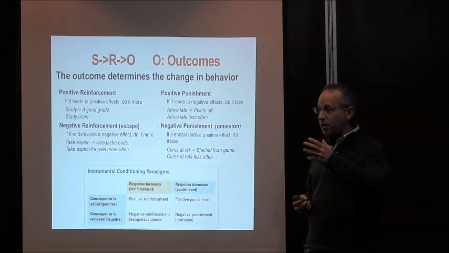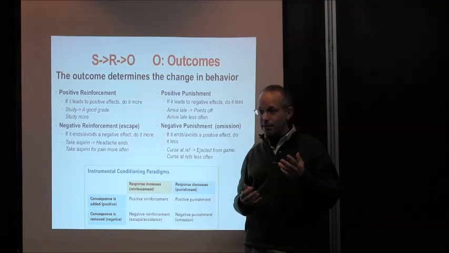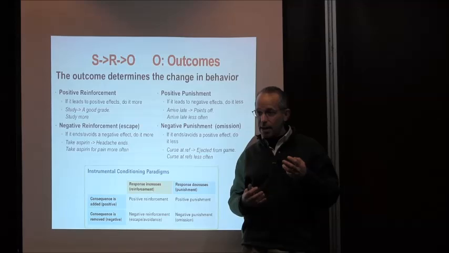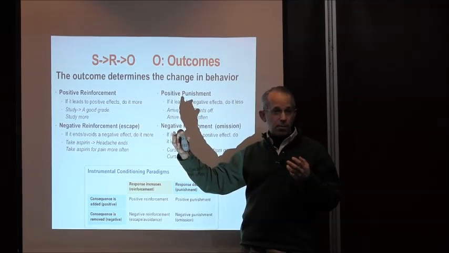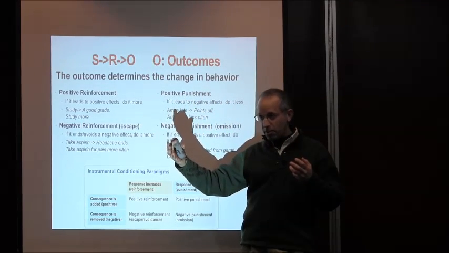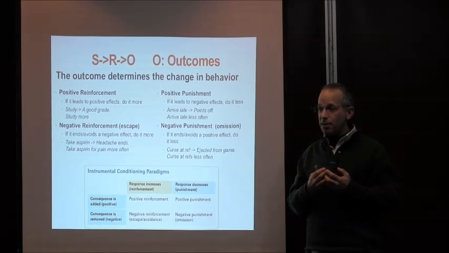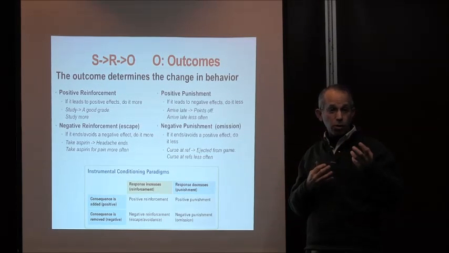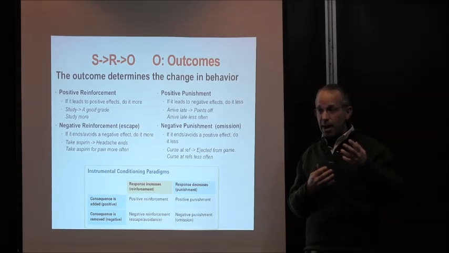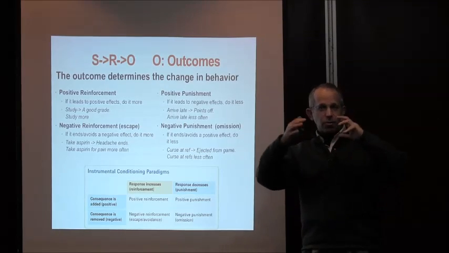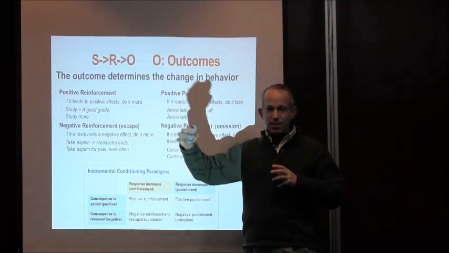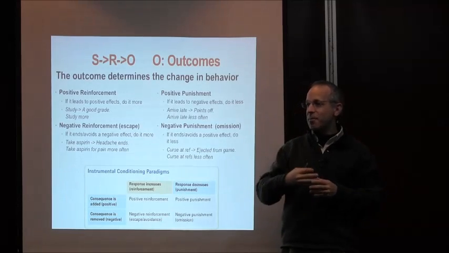So the idea is that there can be good or bad things in your life, and you can either have punishment or reinforcement, and those will affect whether or not you will have more good things or less good things, more bad things or less bad things. So there's sort of like a minus times a minus. It's good to have less of a bad thing.